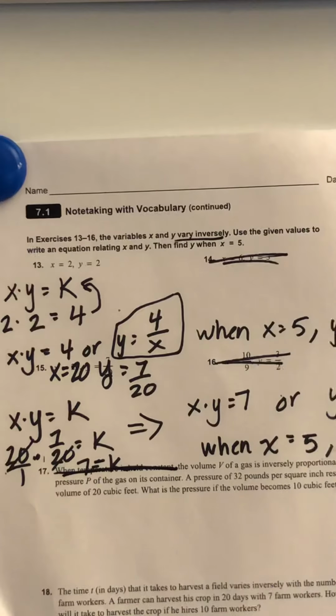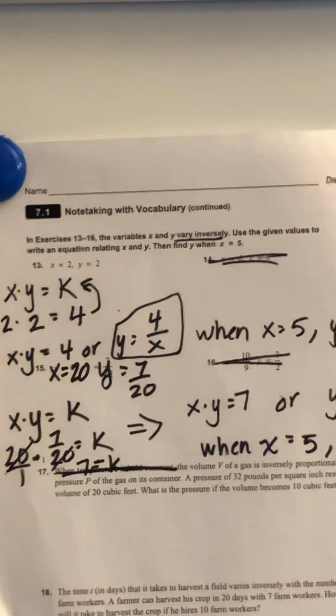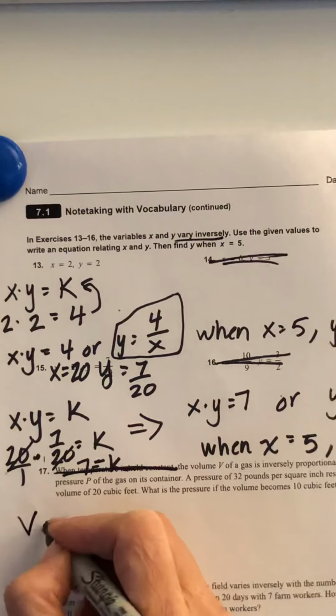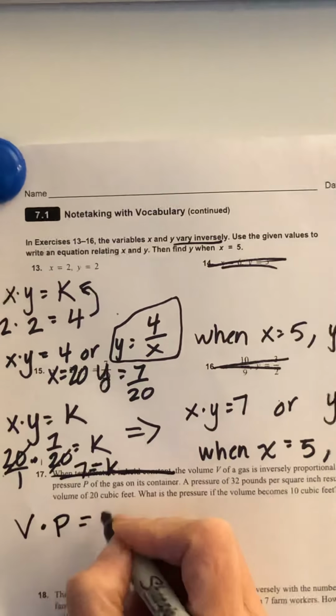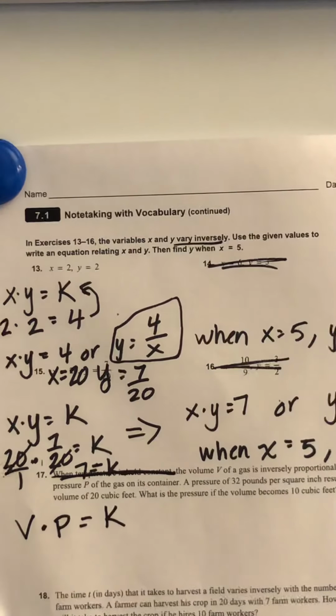We need to know that the volume varies inversely with the pressure. Another way to write that is V times P equals K. They vary inversely.